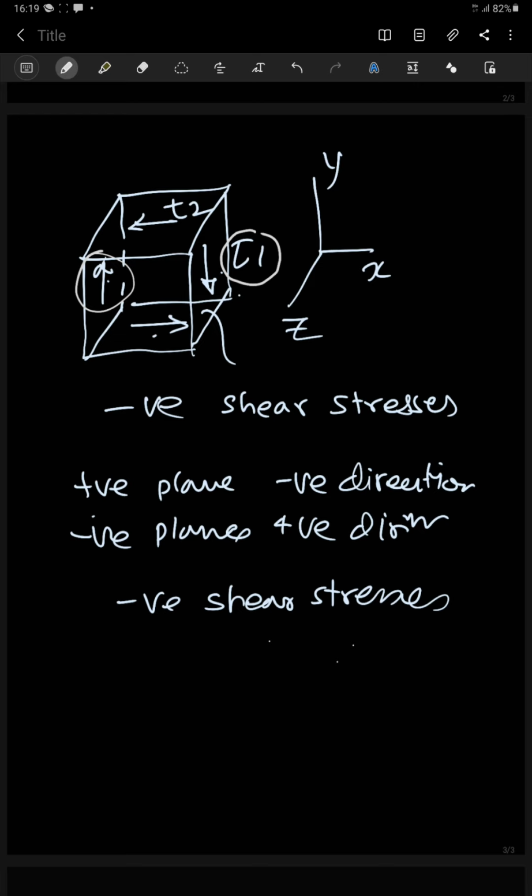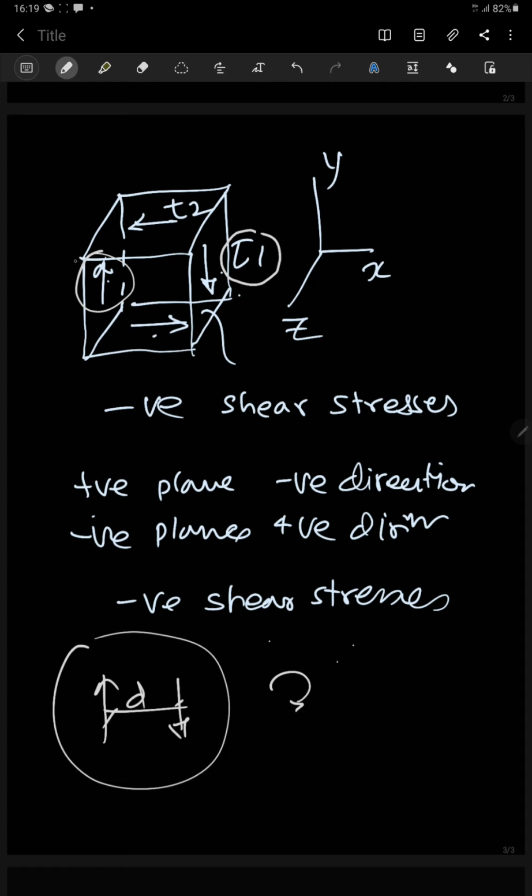So, they will form a kind of couple, right. The forces act in opposite directions on parallel planes, and if the perpendicular distance between these two is d, then these two forces will create a couple.